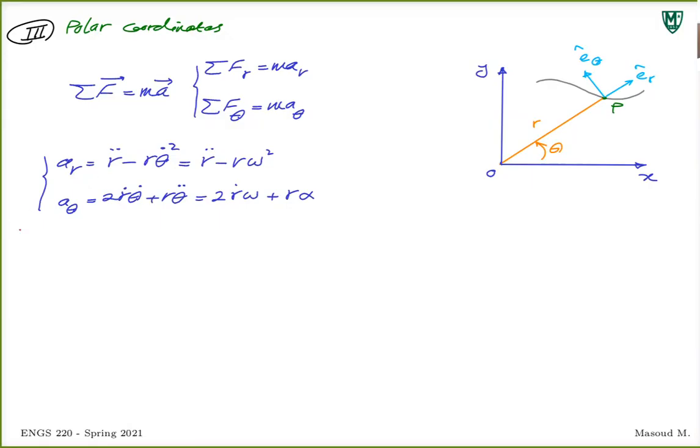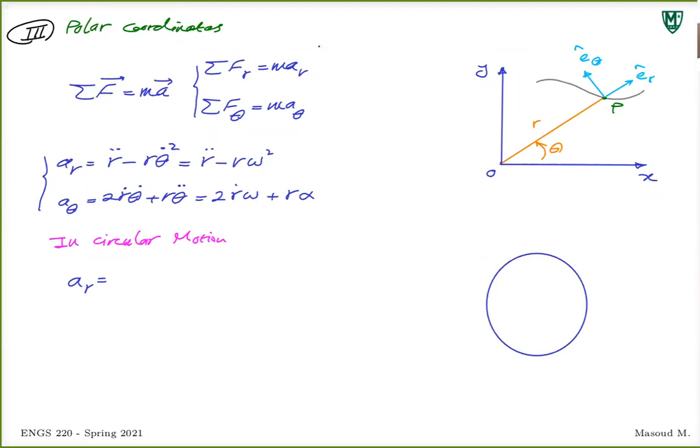Just as a last note, in circular motion we had the special case, the same story like tangent normal. In this case we had AR was R double dot. Let me draw a circle here.